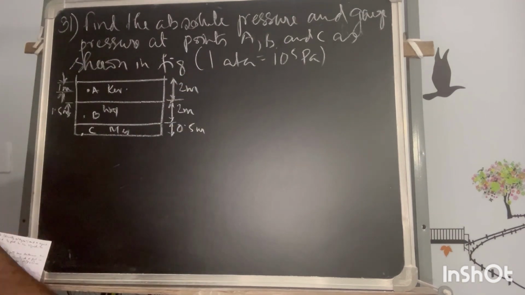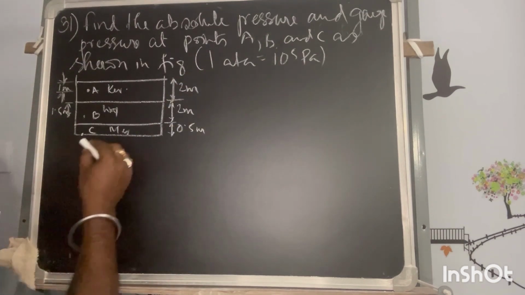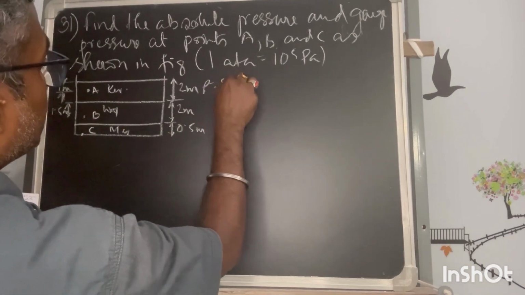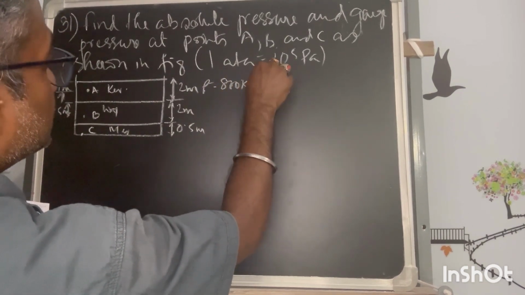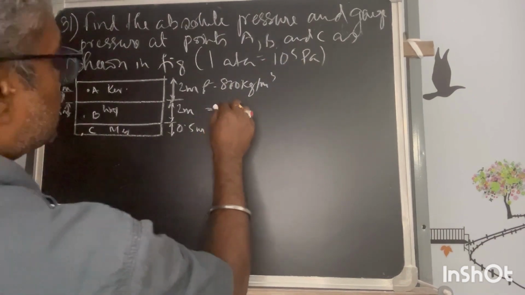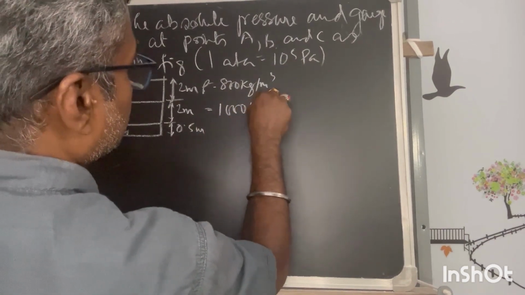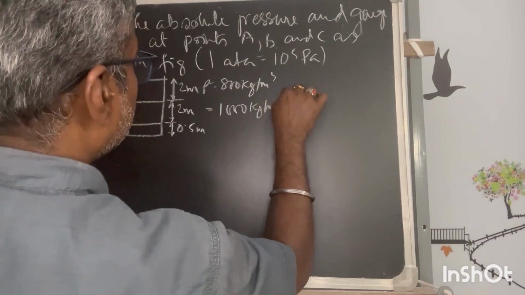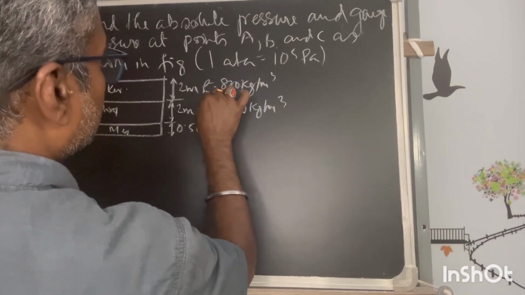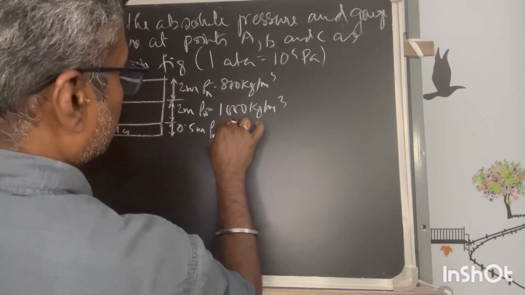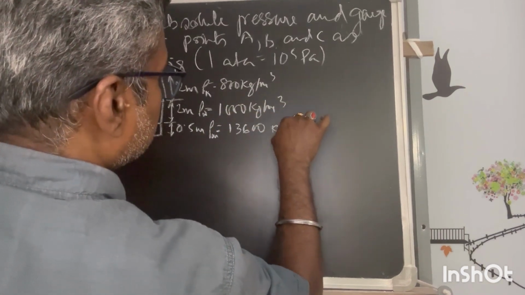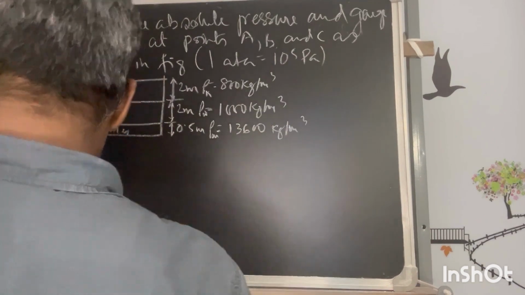The densities respectively: rho of kerosene is 800 kg per meter cube, rho of water is 1000 kg per meter cube, and rho of mercury is 13600 kg per meter cube. These are known.